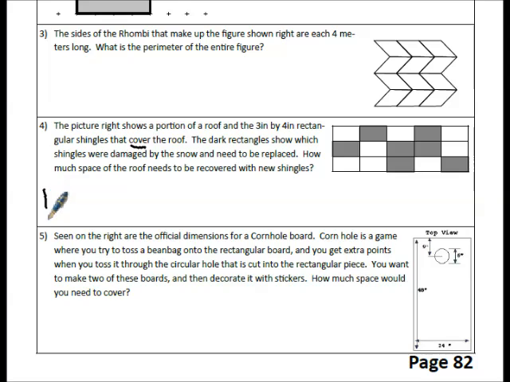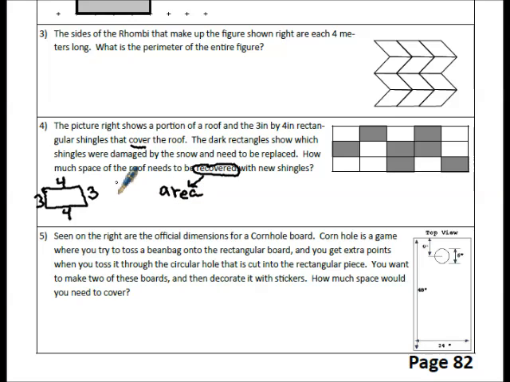The picture to the right shows a portion of the roof and the 3-inch by 4-inch rectangular shingles that cover the roof. Cover means I'm probably finding the area. If I draw a little rectangle, the 3 by 4 inches, I want to know how much space the roof needs to be recovered.